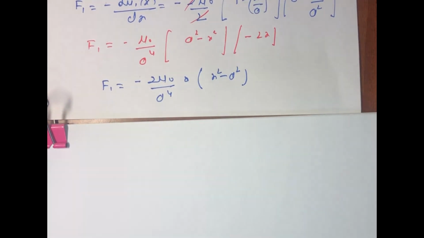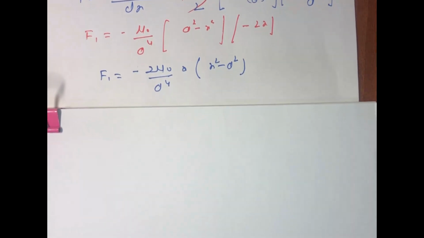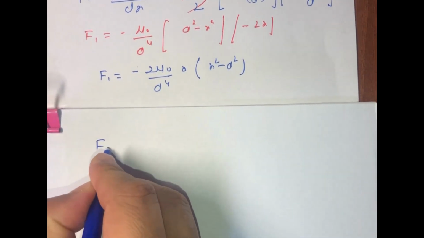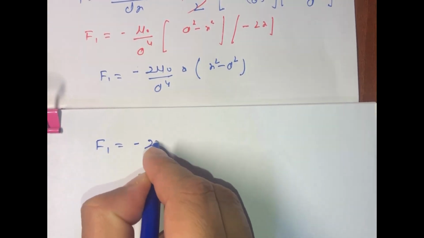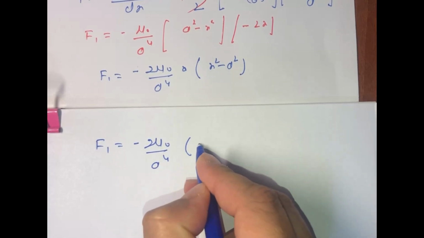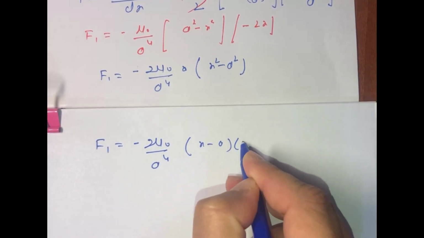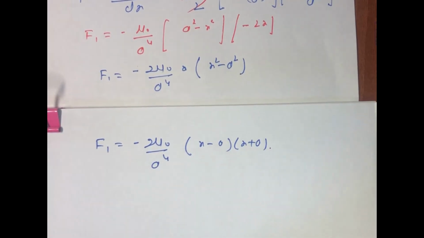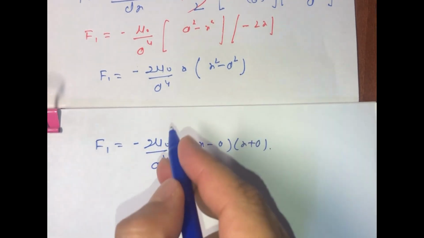This can be further simplified: F1 will be minus 2U0 divided by a to the power 4, times (x minus a) as well as (x plus a), and multiplied by x.